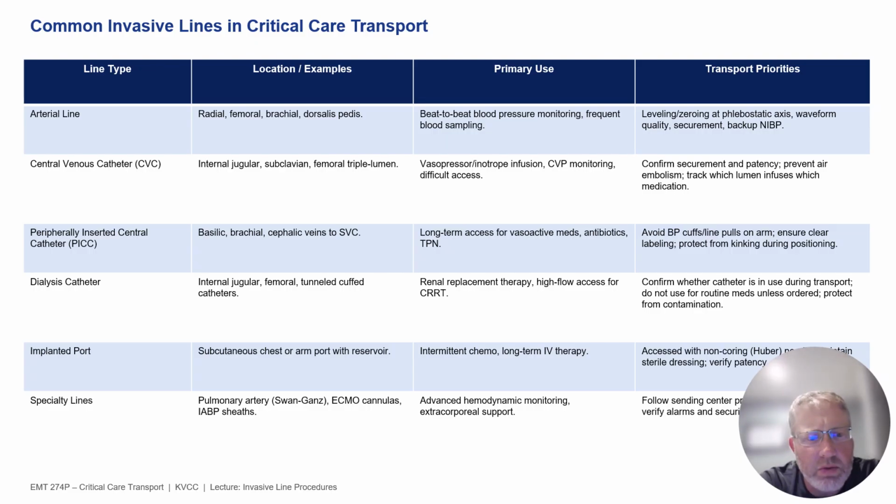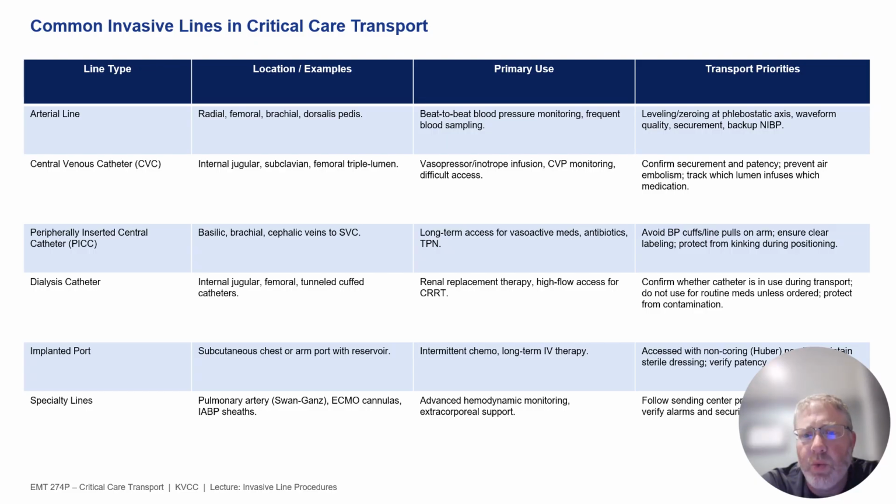Going back up to the arterial lines, so your art lines. Locations for those could be radial, femoral, brachial, or the dorsalis pedis. And the priorities for you for transport are to level and zero at the phlebostatic axis.